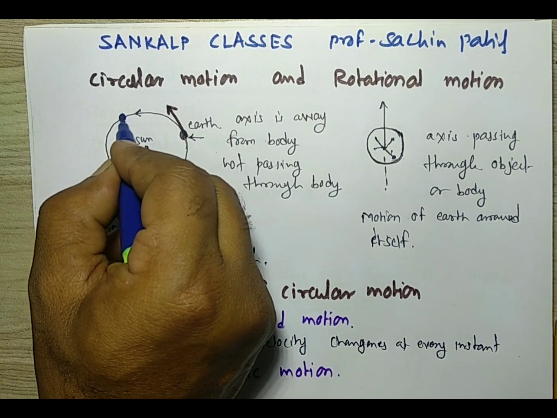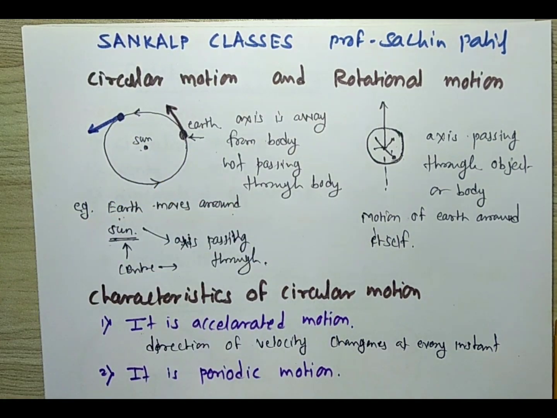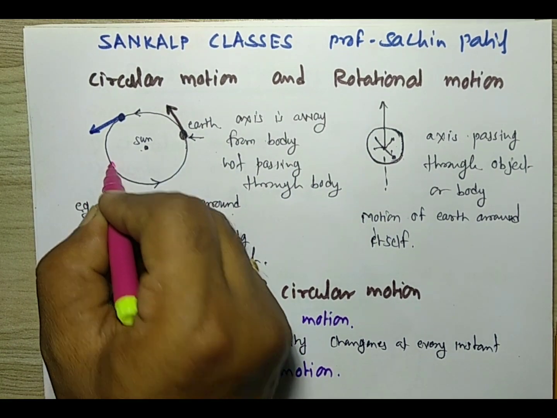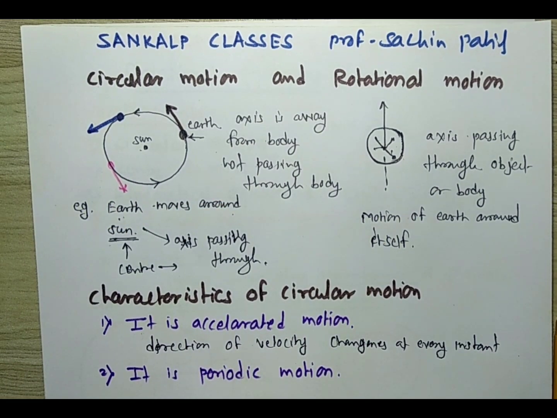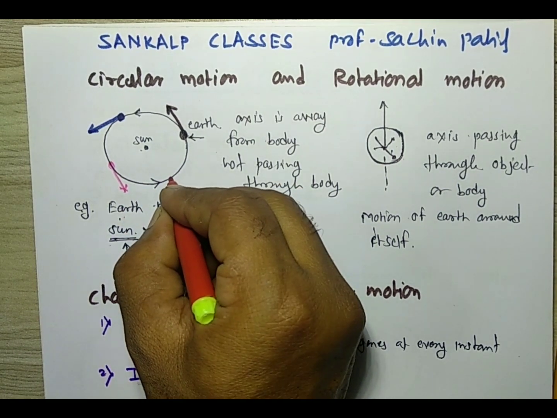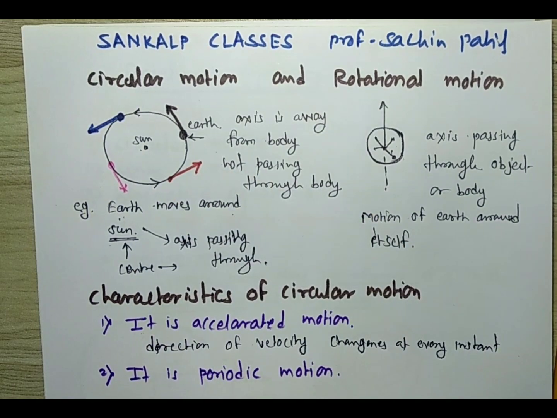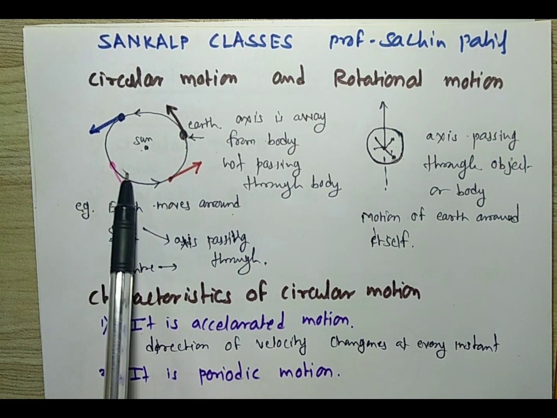If the particle moves here, you will get the direction of velocity like that. If we consider the particle here, then we get the velocity of the particle here. And if we consider a different particle here, the direction of velocity is that one. That means the particle is moving along the circumference of the circle.